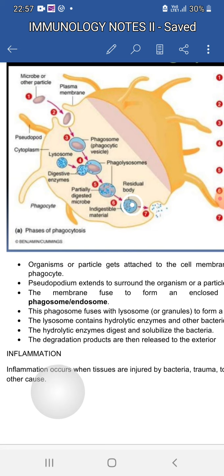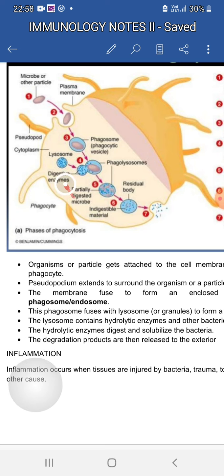It carries these materials away by reverse engulfing, and the cell membrane opens and they are released out. The particles released are not infectious in any way to other body cells. So that is how phagocytosis occurs.